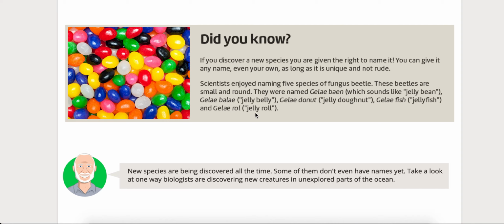So for a lot of scientists, the prospect or even the thought of being able to name your scientific discovery of a new species is motivating enough. So these 5 species here were named after someone's incredible love of jelly or jelly-related foods. So for them, that was their motivation maybe.